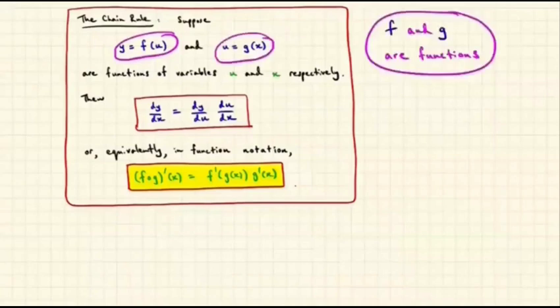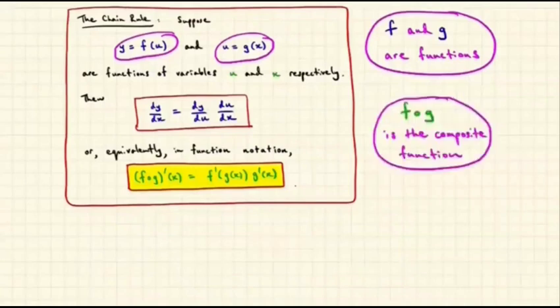So we're feeding the rule for g into the rule for f, which creates the composite function f circle g, or the composite of f and g.